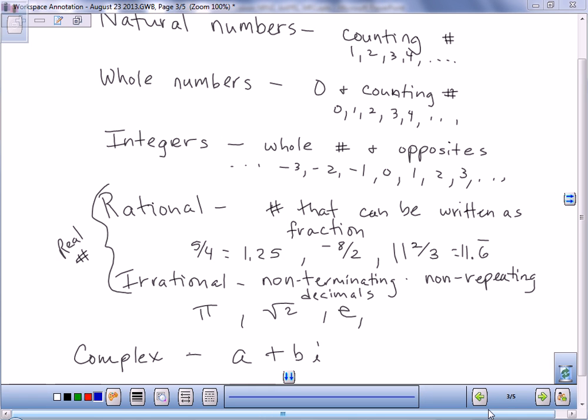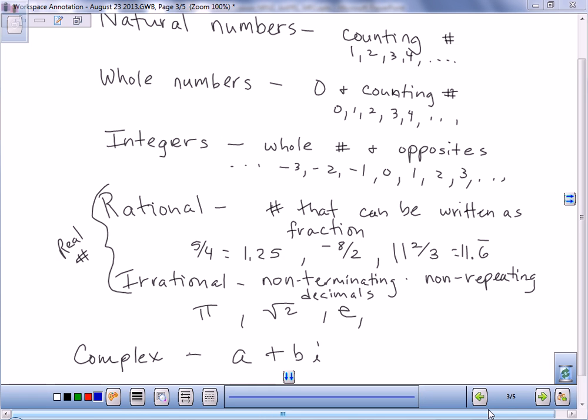So, let's do an example together. We're going to decide if the set of natural numbers is closed under addition. If I pick any 2 elements of the set, any 2 natural numbers, you picked 4, which one do you want? 8.